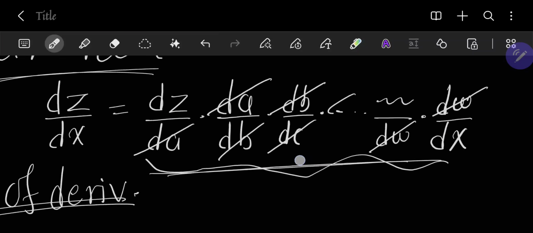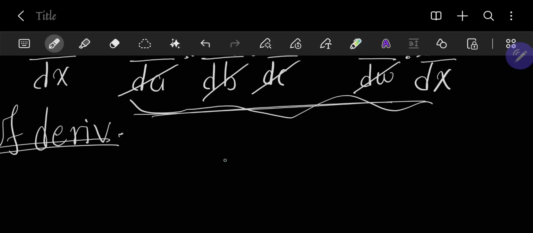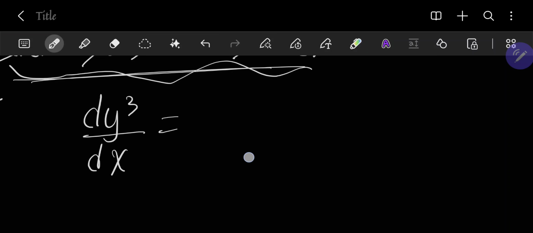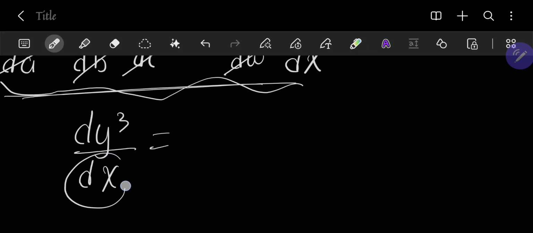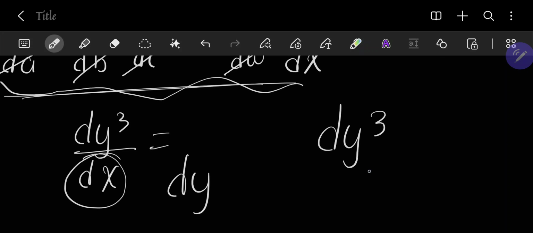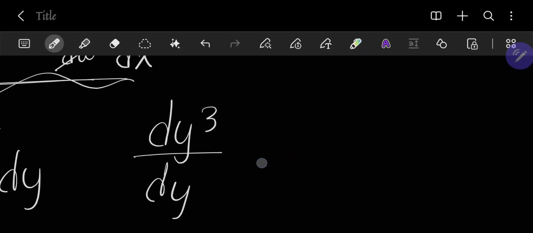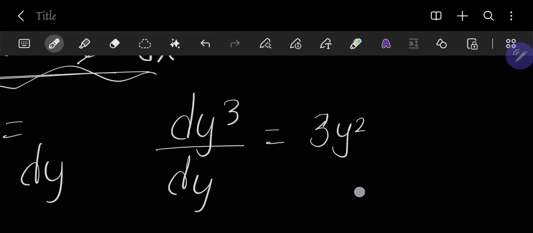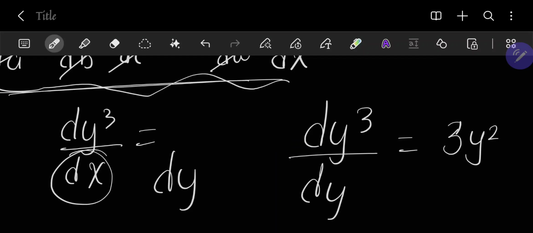The reason this is important is because let's say that we have something like d(y cubed)/dx. Now, we are unable to take this derivative directly, right? Because we do not have this as dy. If we had it as d(y cubed)/dy, we would have that this is equal to 3y squared. However, that is not the case.